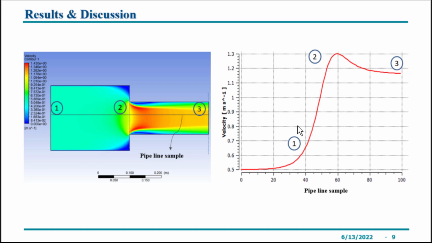At section 1, the inlet of the fluid, the velocity was less, and then velocity increases at section 2 of the Vena contracta region where the velocity is maximum, and then expansion takes place because of the jet and velocity reduces at section 3. That's all we want to observe during our simulation, and then let's go to Ansys to show how to do this.